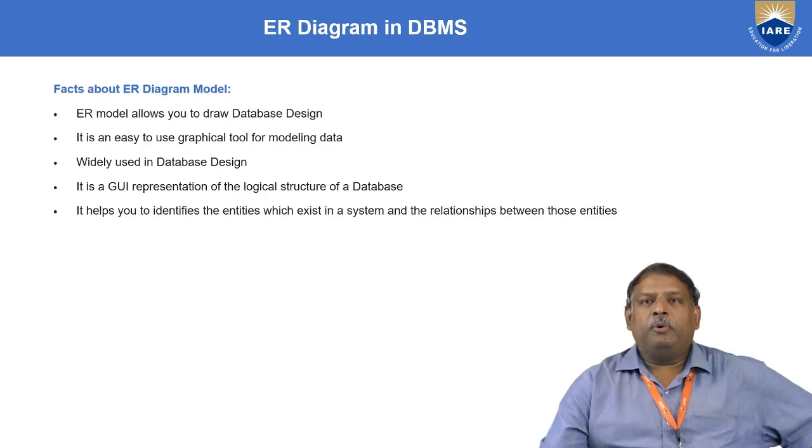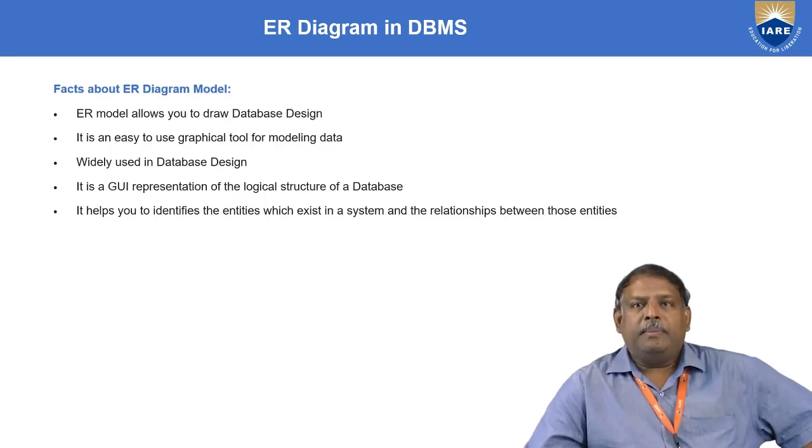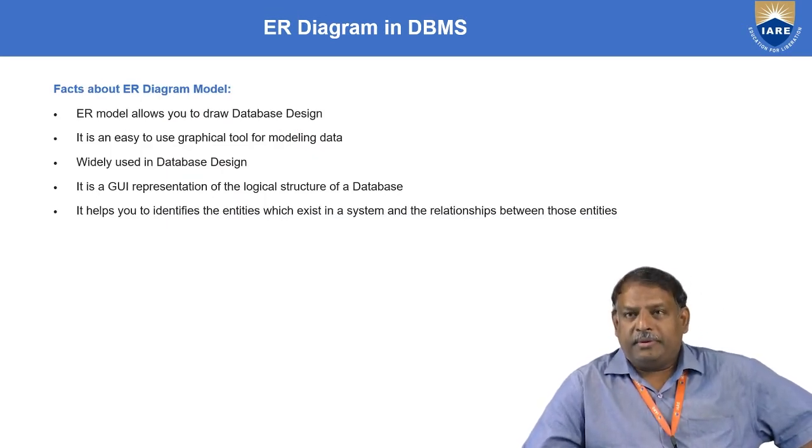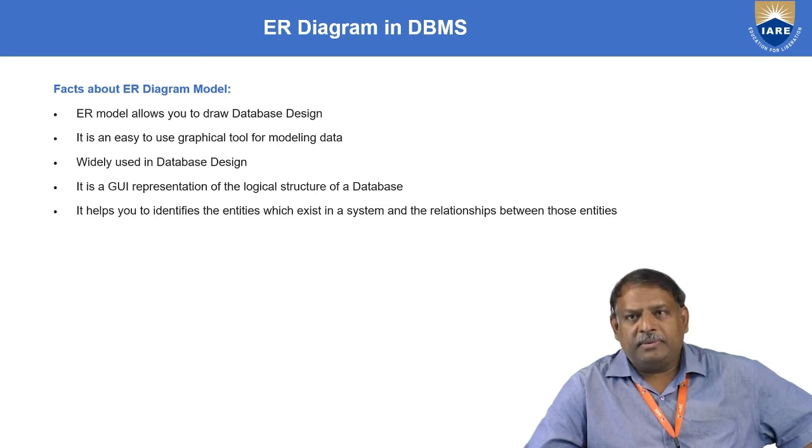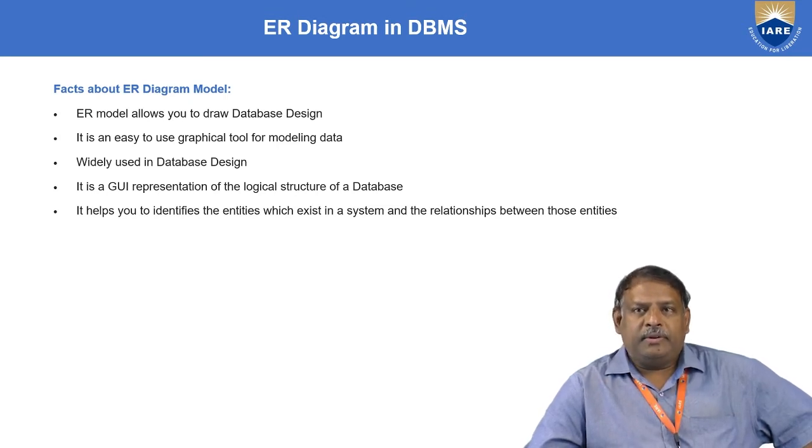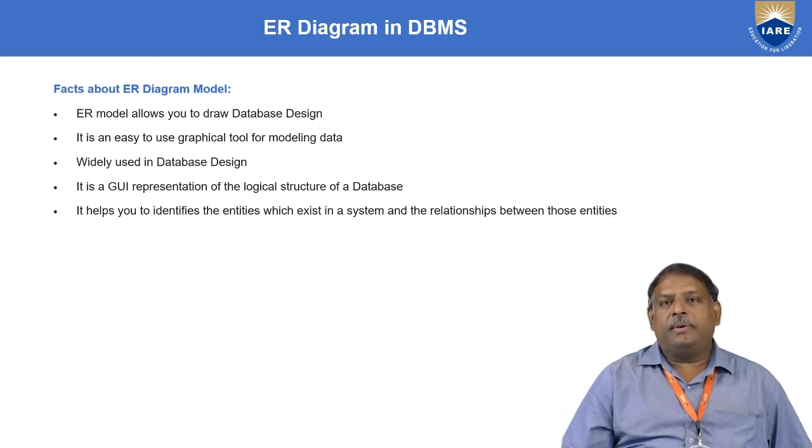Now, facts about the ER model diagram. An ER model allows you to draw a database design. Based upon this ER diagram, you can create the various tables required. It is an easy to use graphical tool for modeling data, widely used in database design. It is a GUI representation of the logical structure of the database.